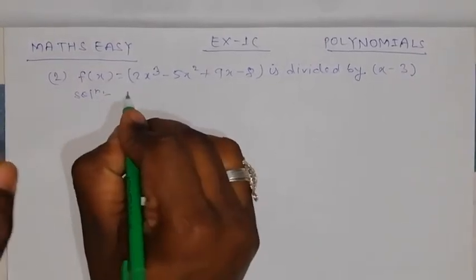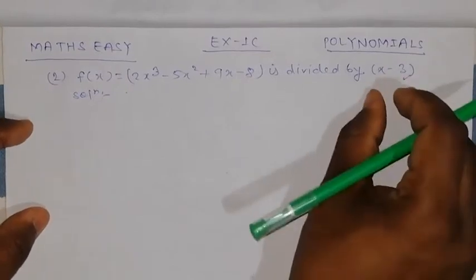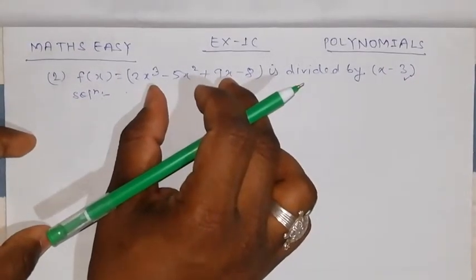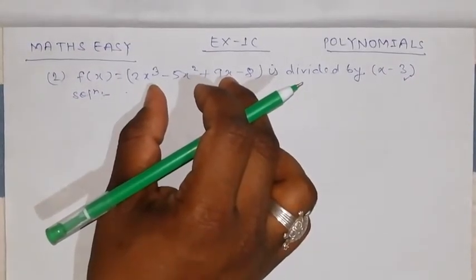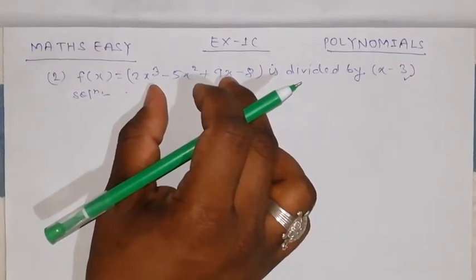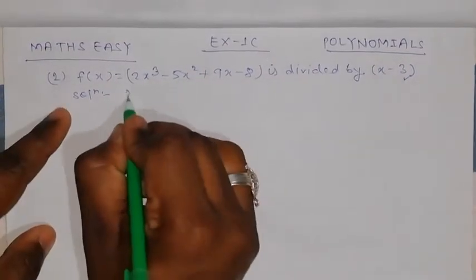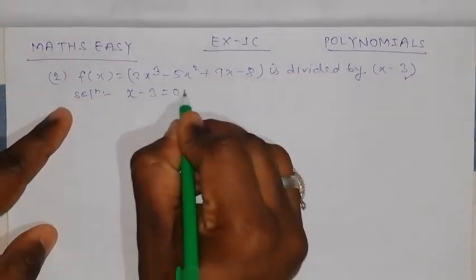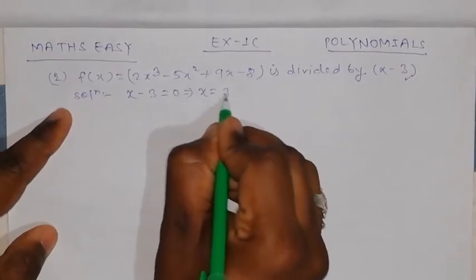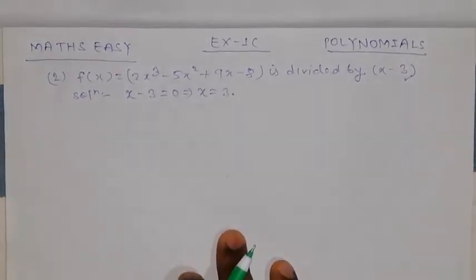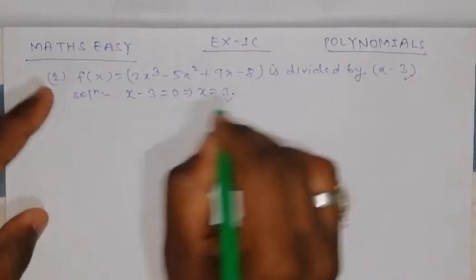The solution is, when f(x) is divided by x minus 3, then the remainder will be f(a). Here x minus 3 equals 0, that is x equals 3, and the remainder will be the function of 3.